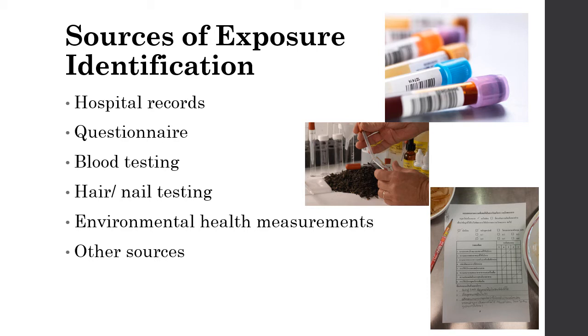Now, cohort means a group of people who share the same characteristics. It could be the same age group, living in the same city, having the same behavior, all of them being smokers, or having the same exposure, being all females exposed to radiation. These common characteristics are what make them a cohort.